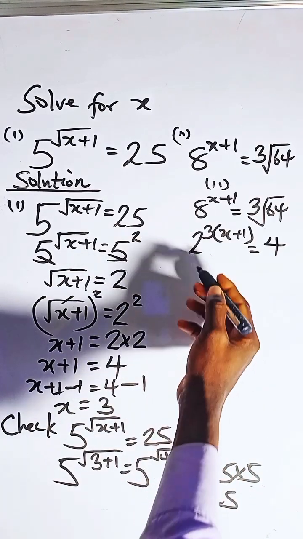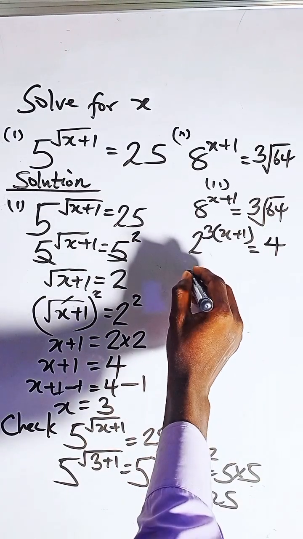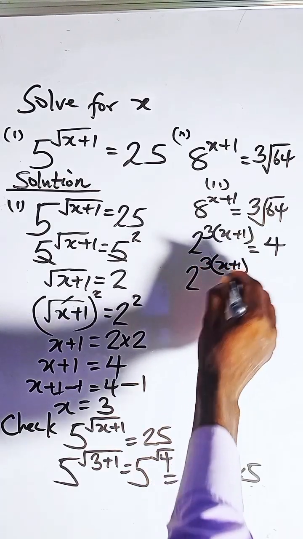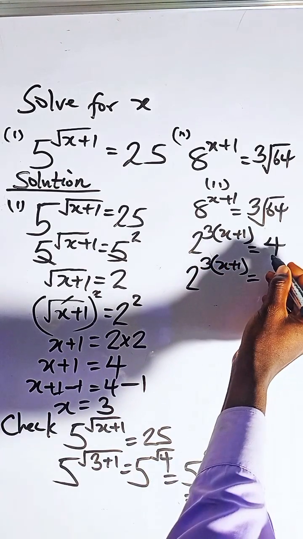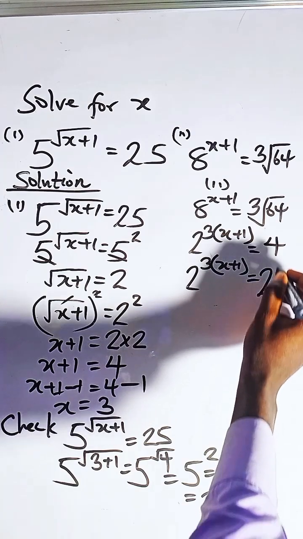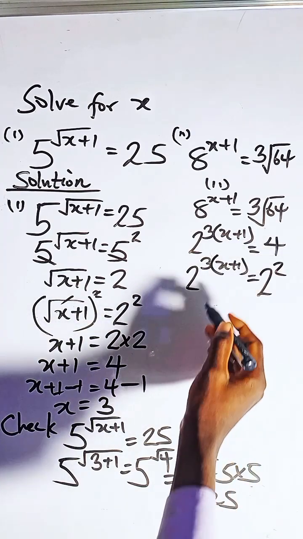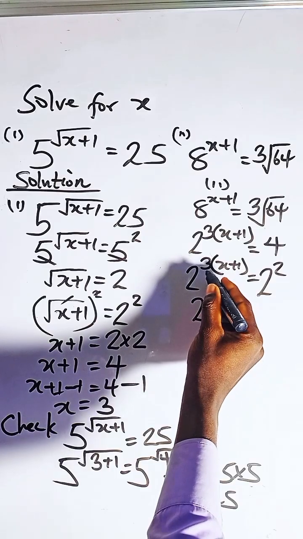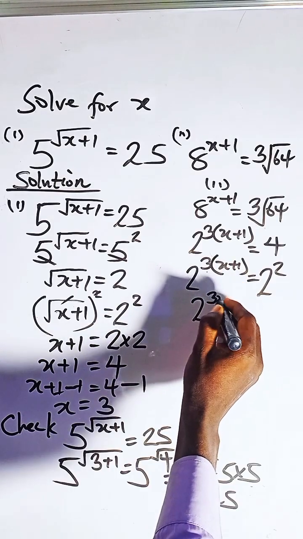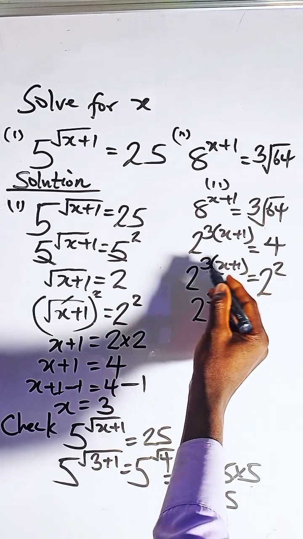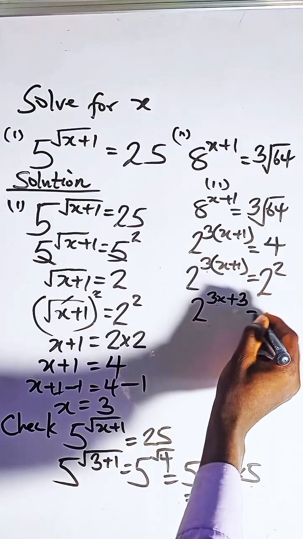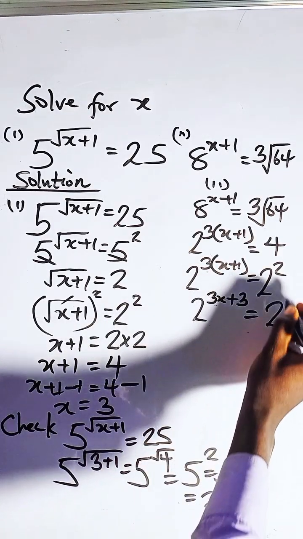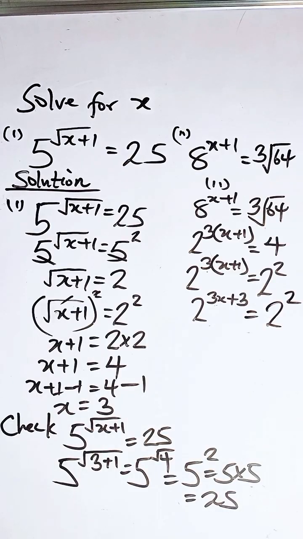So now let's have the same base. We have 2 raised to the power of 3x plus 3 equals, for 4 we have it as 2 squared, applying the exponent rule.